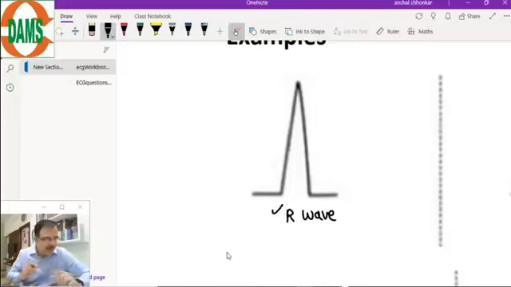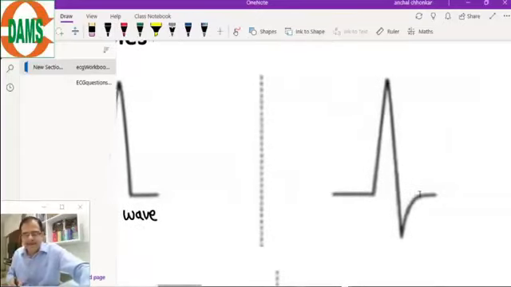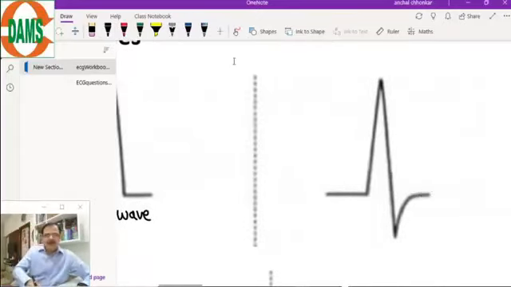Now second example. What will you call this wave? Remember, normal height of the QRS complex depends on which lead you are seeing, and that we will discuss in the abnormalities.